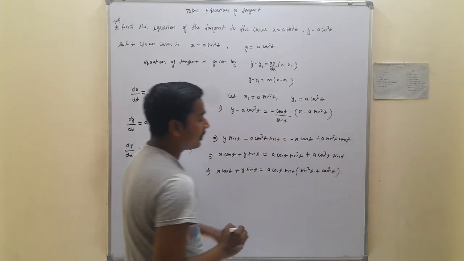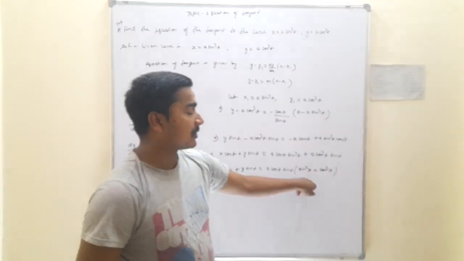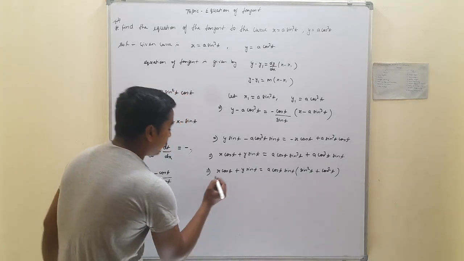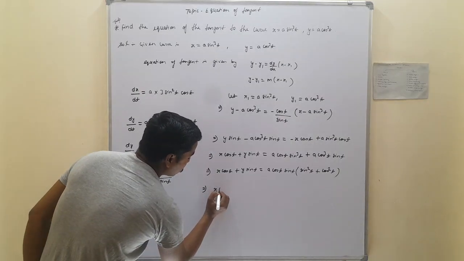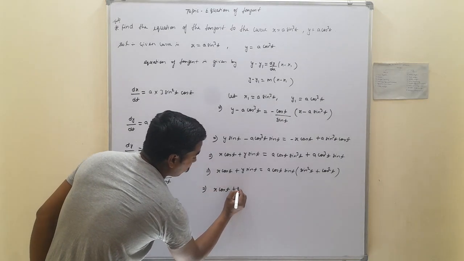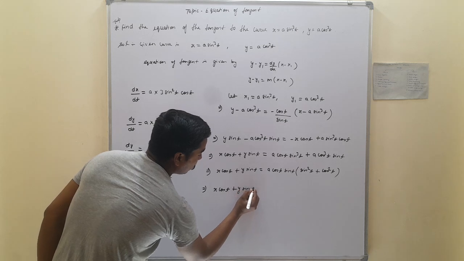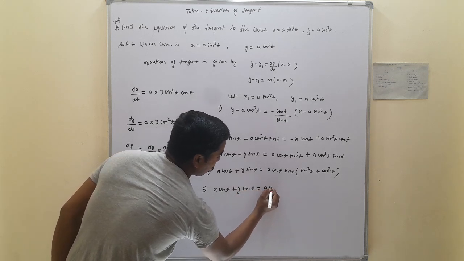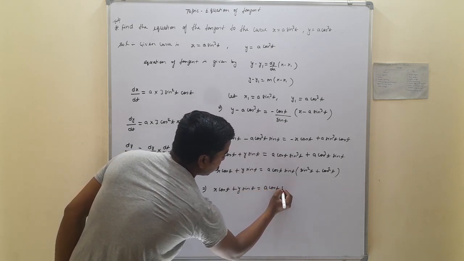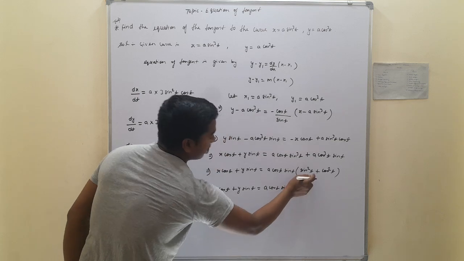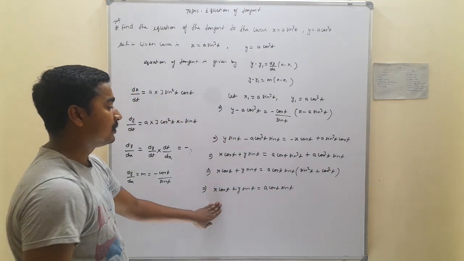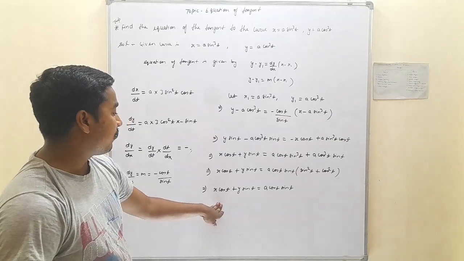We know from trigonometry that sin square t plus cos square t is 1, so we write x cos t plus y into sin t equals a cos t into sin t, since sin square t plus cos square t equals 1.